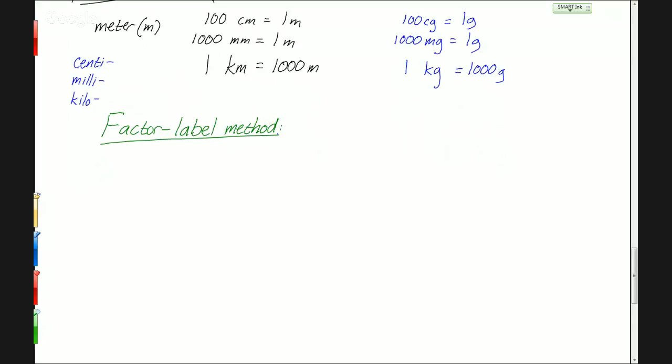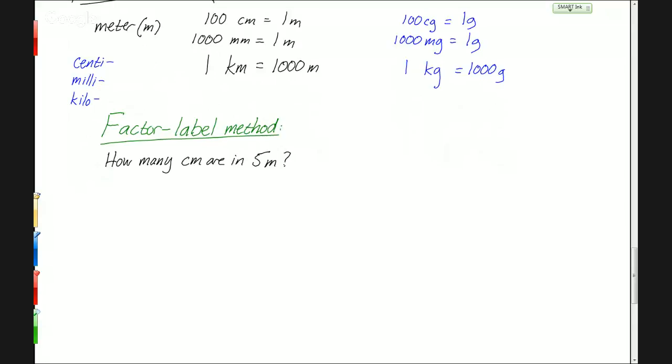So let's go back with that same question. How many centimeters are in 5 meters? Now, for many of you, you can just look at that and say, oh, well, obviously it's this, because you have practice in that.